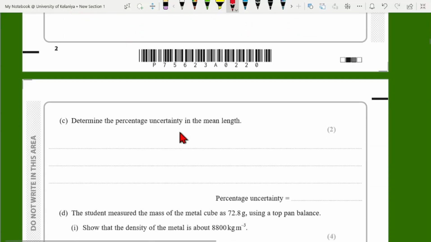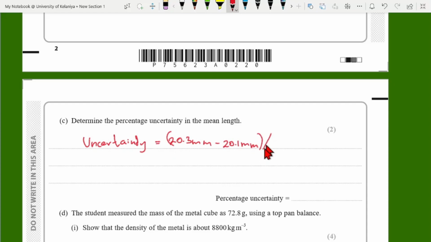So what I'm going to do here is find the uncertainty. The largest value is 20.3 millimeters and the smallest value is 20.1 millimeters, and we should divide the difference by 2.